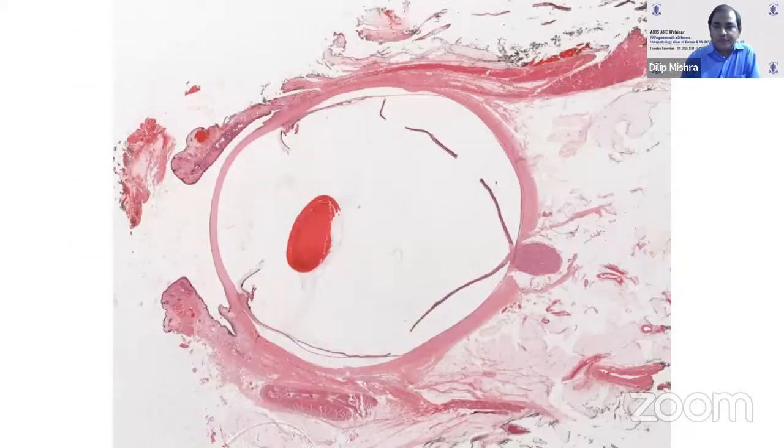So this is an exenterated specimen, where the anterior one-sixth of the eye is formed by the cornea. You can see that this is the cornea, this one is the eyelid, and this is the lens.